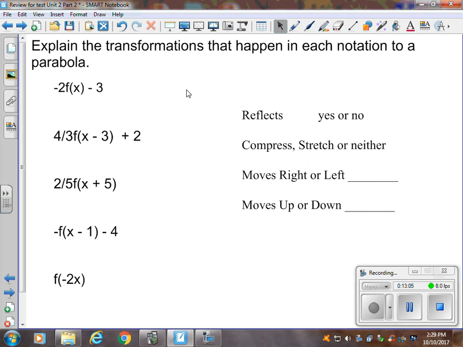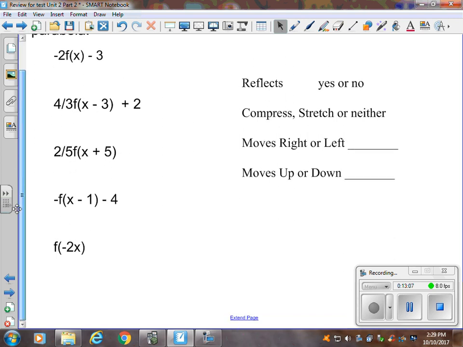That's a good one. All right, on this last one, there's nothing in front, right? And there's nothing on the end for the up or down. And there's no adding or subtracting inside, so there's no left or right. But there is something inside in front of x. And it affects your problem somewhat the same as having that -2 out here. Except for one thing. It's inside of a square.